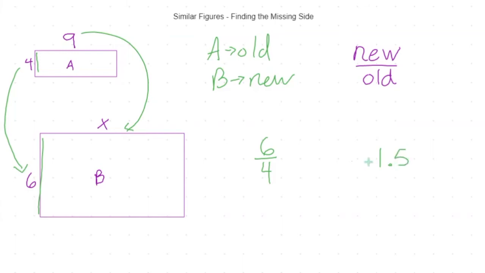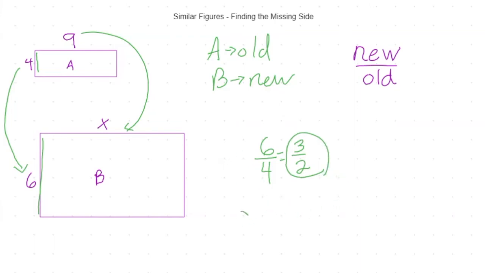We can write it as a mixed number, or we can keep it as an improper fraction. Simplified would be 3 over 2. All of these things are the same thing. They're just written in different ways. So our scale factor is 3 over 2.